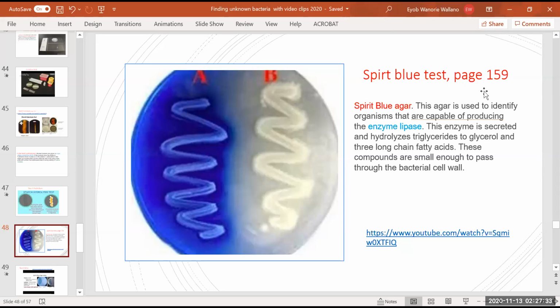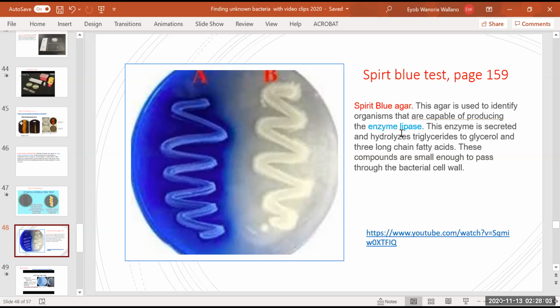What you need to do is streak the bacterial culture on the plate like this, and then because it is going to ferment, the media is going to change to spirit blue, and that means the enzyme is going to break down the lipid in it.